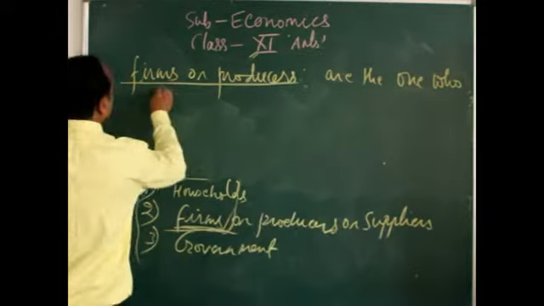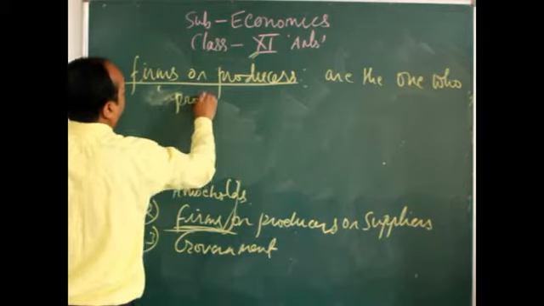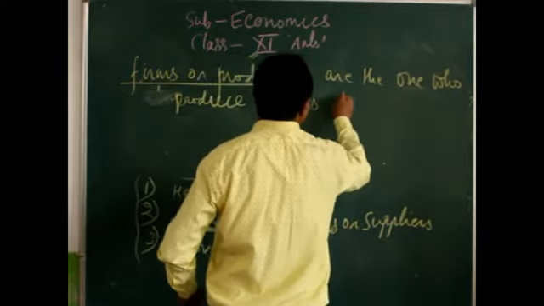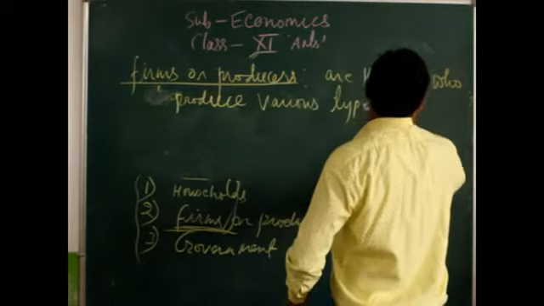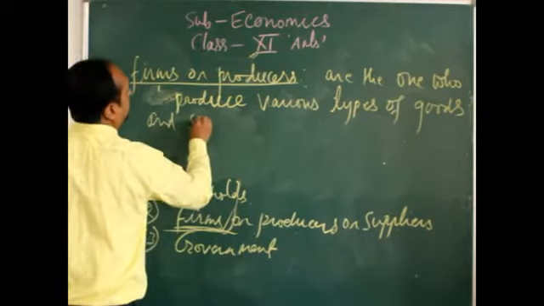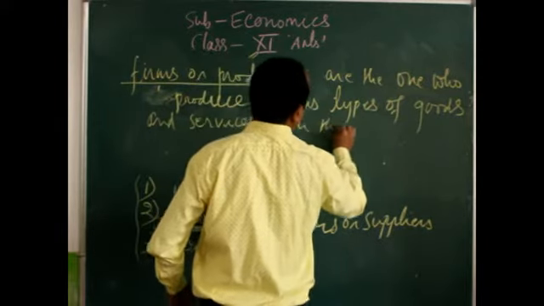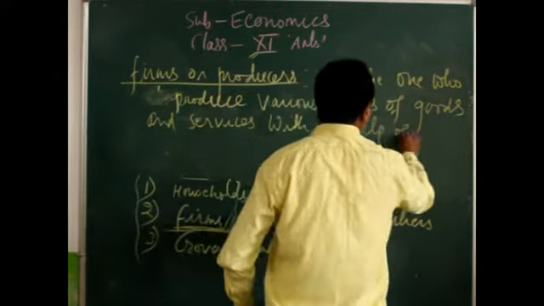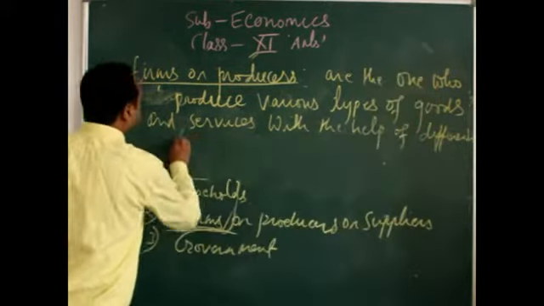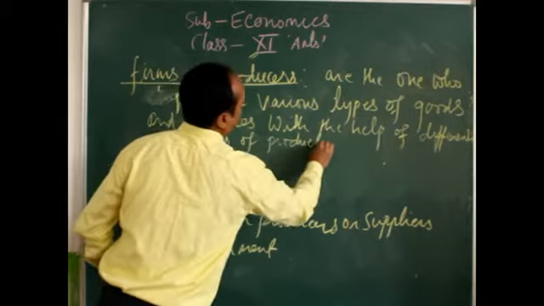So firms are the ones who produce goods and services with the help of different factors of production.